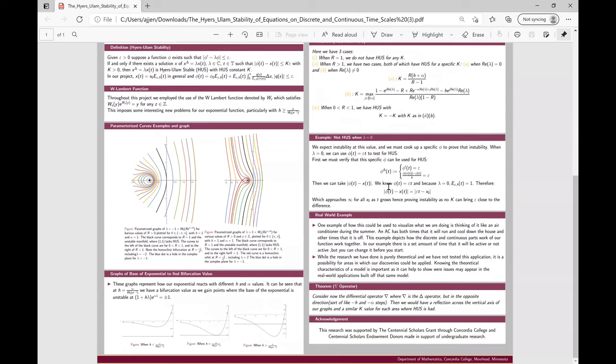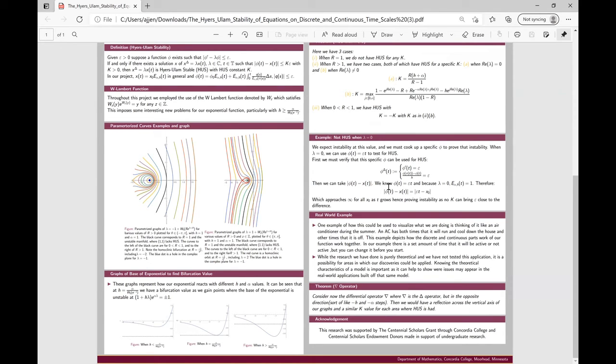And then we wanted to give a specific example of instability, because the stability is pretty easy to recognize, but how do we know that something is unstable? So when we have lambda equals 0, we expect instability, and then we have to find a specific phi which proves that it is unstable.